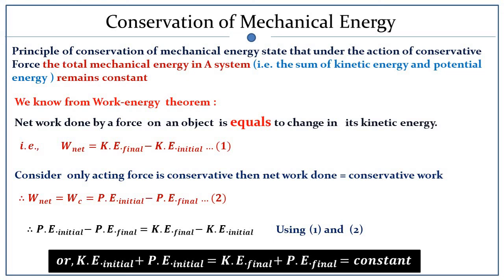And if these sums are equal, then it must be equal to some constant, right? Therefore, the sum of kinetic and potential energy is equal to a constant. This is exactly the conservation of mechanical energy.